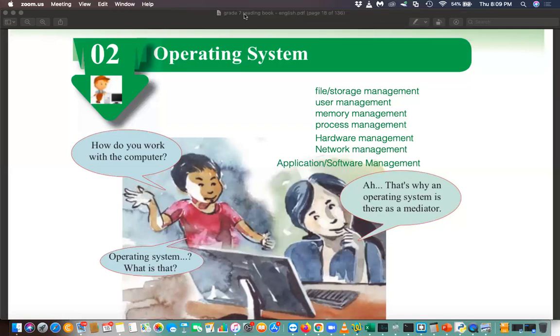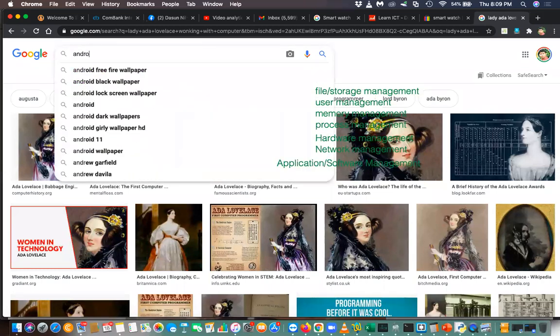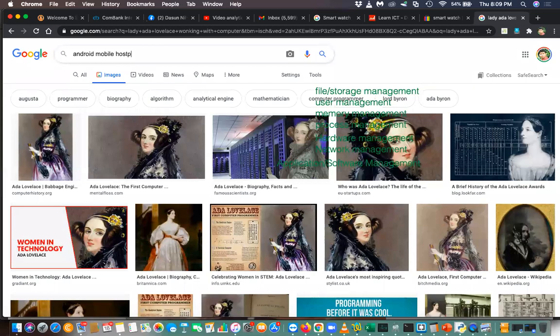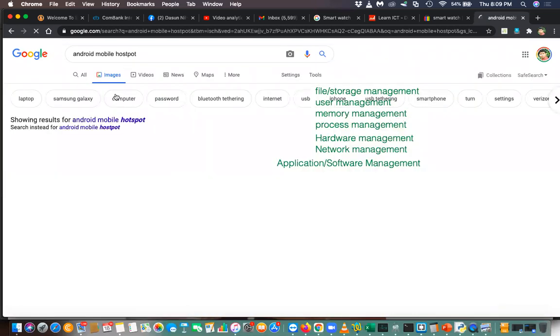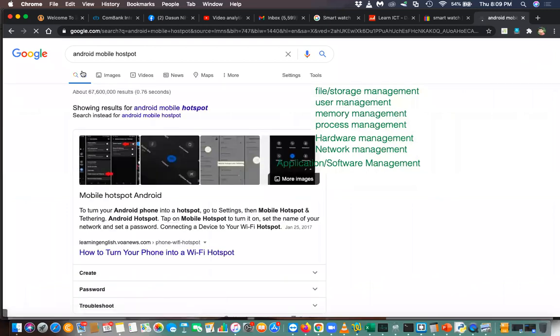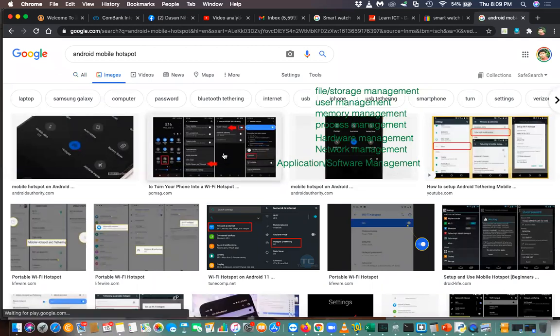So basically what you have to do is go to your mobile. If you have a mobile phone, like an Android phone, you can see something called mobile hotspot. You can see these settings in your mobile phone.